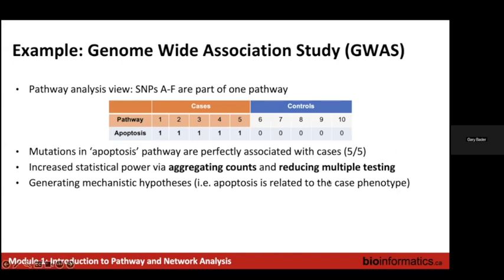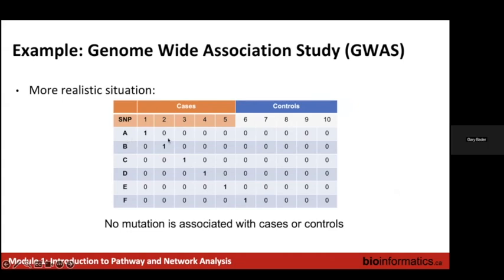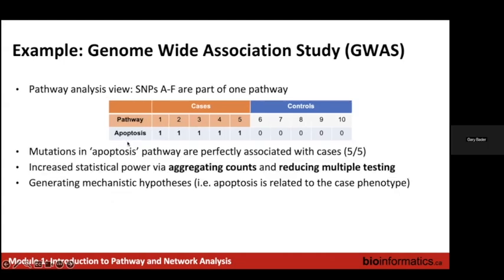We also reduce multiple testing, because instead of having to run tests with each SNP individually, we now run tests with just one pathway in this case. Of course, there'll be more pathways in the real analysis, but there'll generally be fewer pathways than SNPs. And we'll talk about multiple testing a lot later.